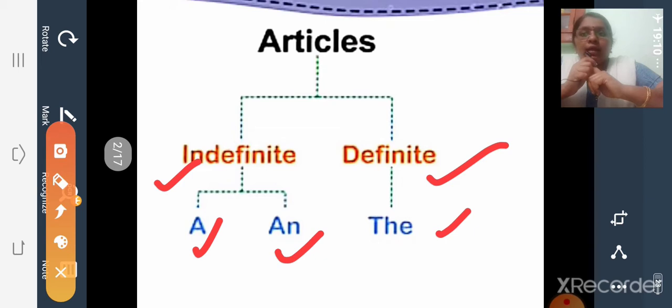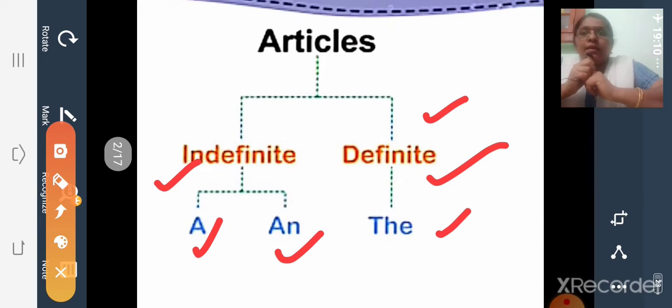A and an are called indefinite articles as they do not indicate any specific person or thing. When a thing is said to be in general, we use an indefinite article. Whereas the definite article always specifies, indicating specific or definite persons or things.